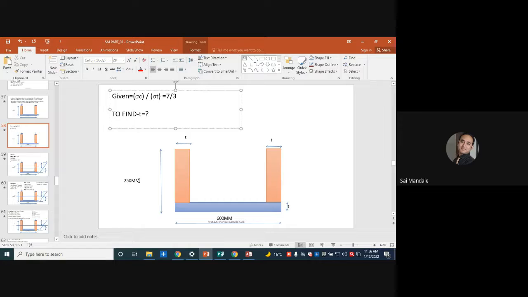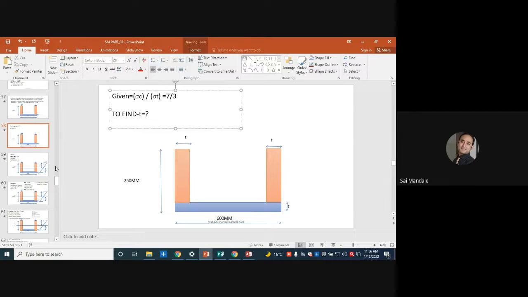The C section, or channel section, is given to us, 600 by 250 by 250, and T is to be identified. Now moving ahead to calculate T. As usual, the first agenda is to identify the value of X bar and Y bar. So let us move to calculate the X bar and Y bar.